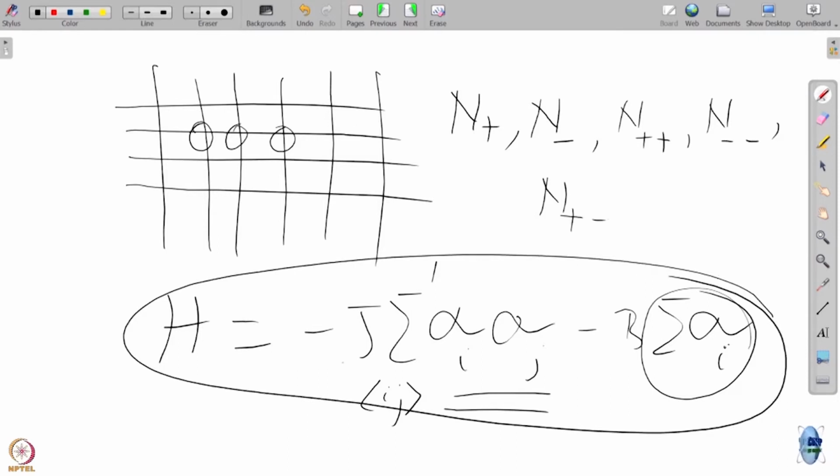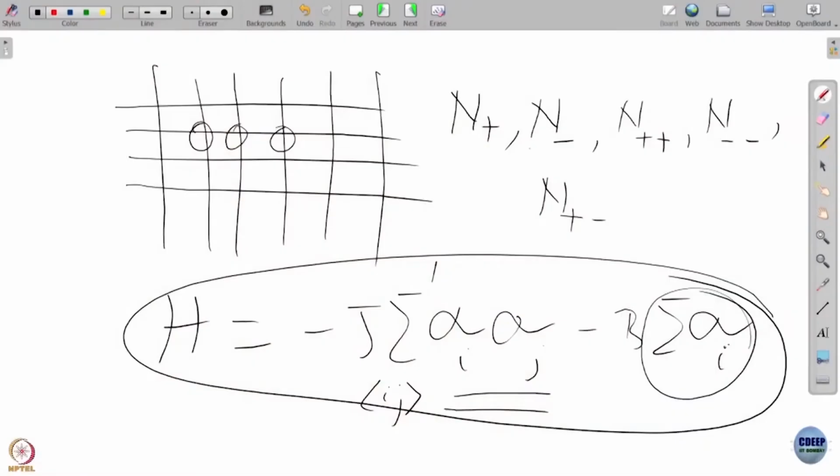These can be expressed in terms of these 5 numbers. However, one thing we need to now know, and this is something you should ponder about, is that there is a relation between n plus and n minus.